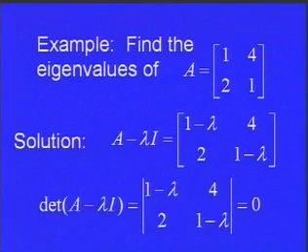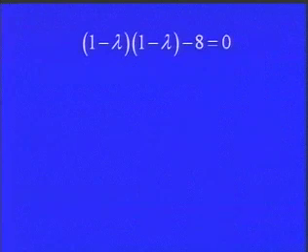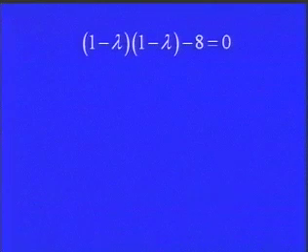Okay, now set that determinant equal to 0. To do the determinant of a 2 by 2, if you remember, it's the entries in the main diagonal, which are 1 minus lambda and 1 minus lambda, multiplied together, and then minus the other diagonal. So I get 1 minus lambda times 1 minus lambda minus 2 times 4, so minus 8.